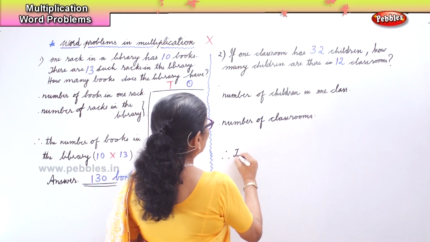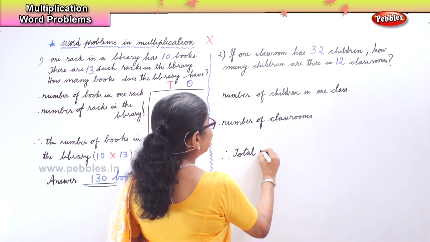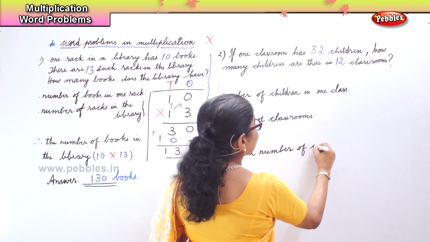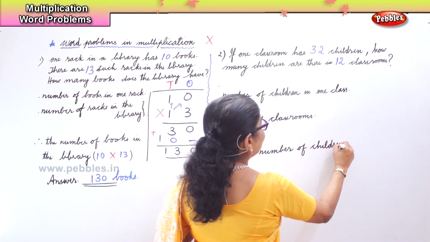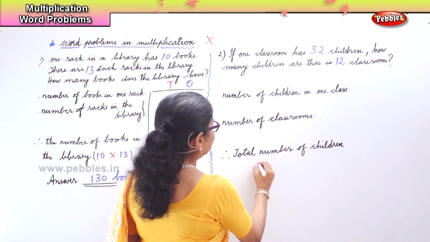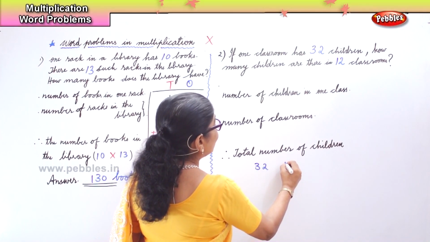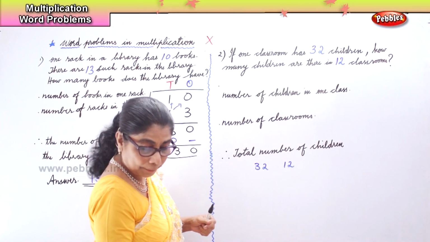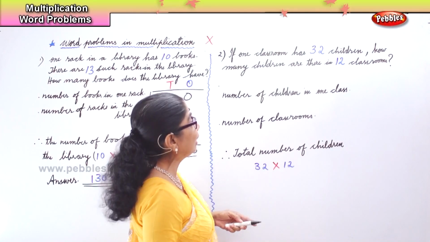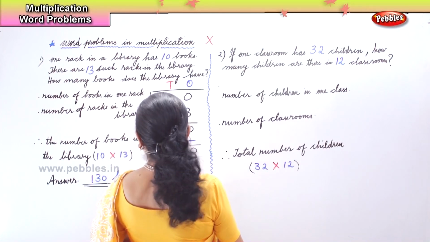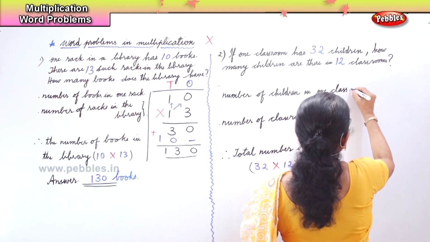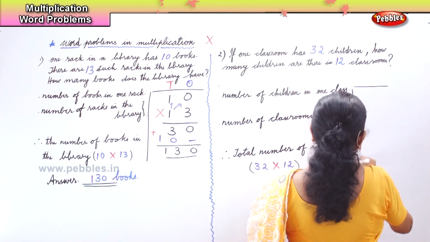What are you finding out? Total number of children. How do we find out? You have to multiply 32, that is the number of children, into 12 classrooms. That gives us the number of children. So 32 into 12 will give us the number of children. Next, we are going to draw the column so that we can write down tens and ones before we multiply.